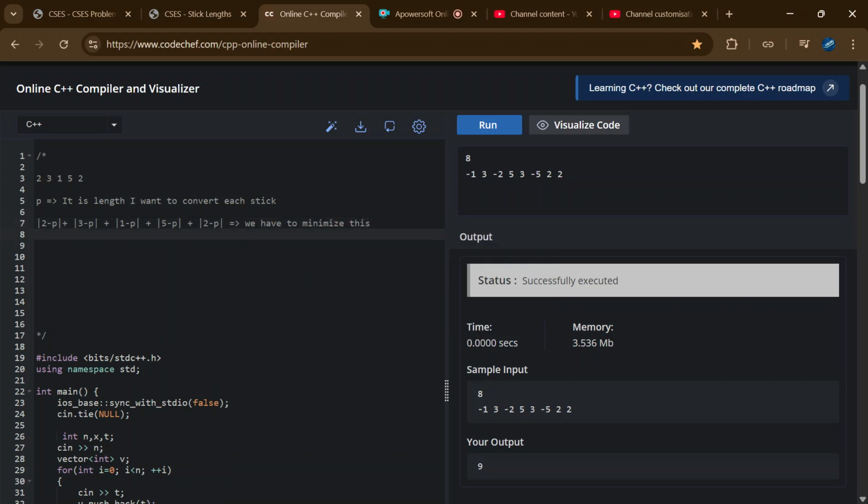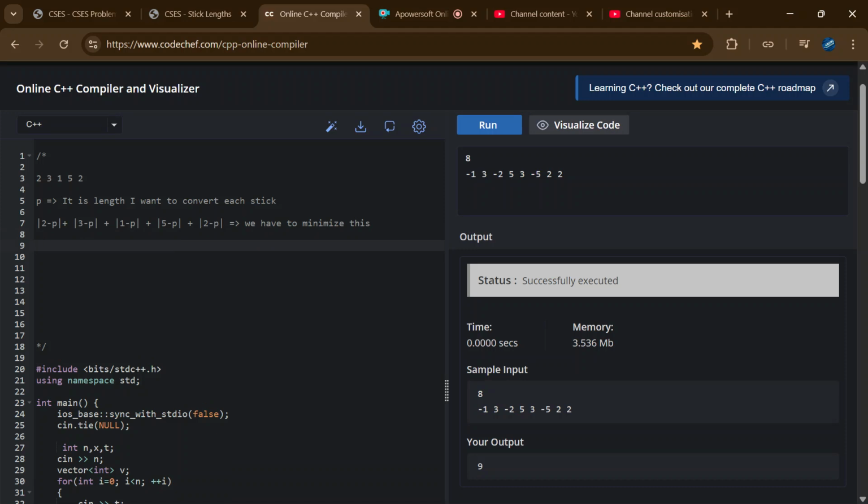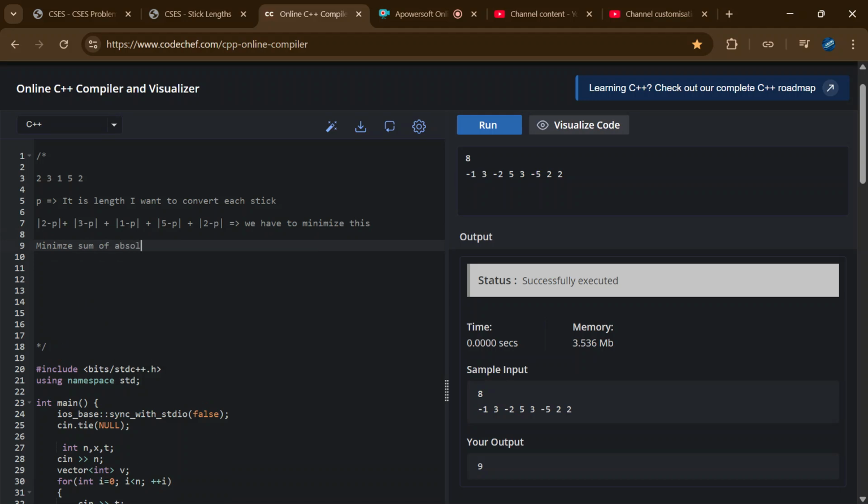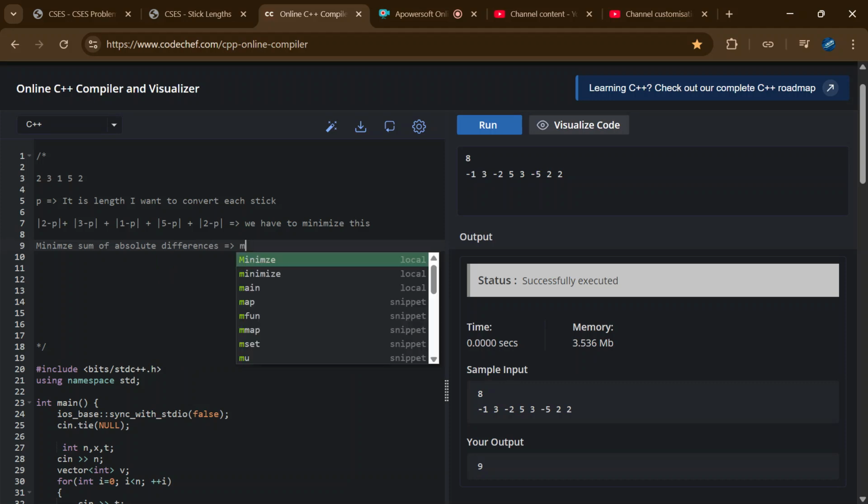So how do we go? Let me tell you two statements that you have to keep in mind every time. If you want to minimize the sum of absolute differences, we have to use the median.